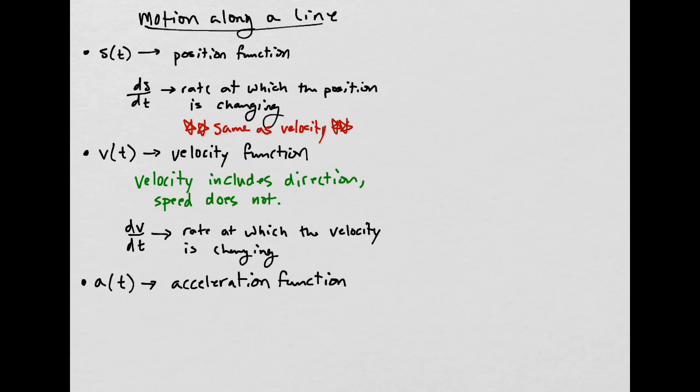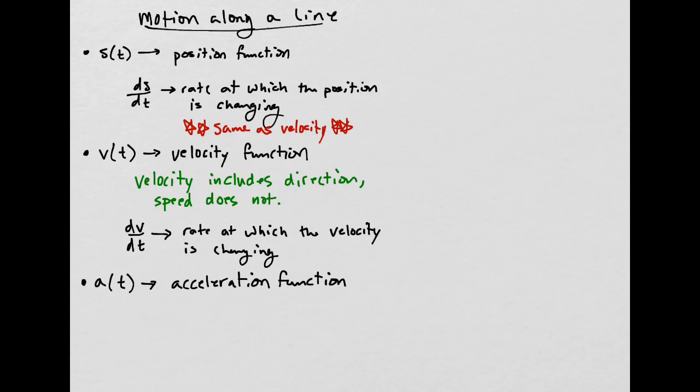It's not always the case because the particle could be going backwards. So if we're talking about speeding up or slowing down, then we'd have to talk about both velocity and acceleration because remember, velocity includes a direction. And when you say speeding up or slowing down, that doesn't include a direction, so we have to use both velocity and acceleration.